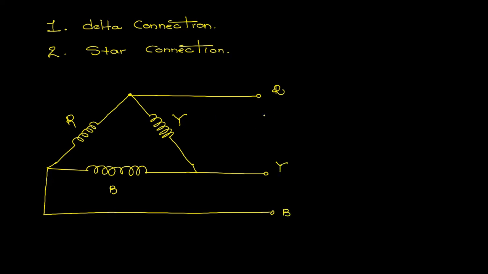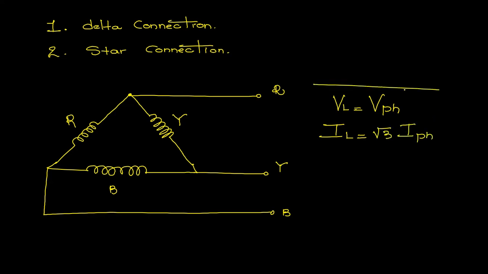Now we know that in the delta connection, line voltage is equal to phase voltage, but line current is equal to √3 times the phase current. These two relations are very important when we use the delta connection in the three-phase system. So this is the connection of delta.